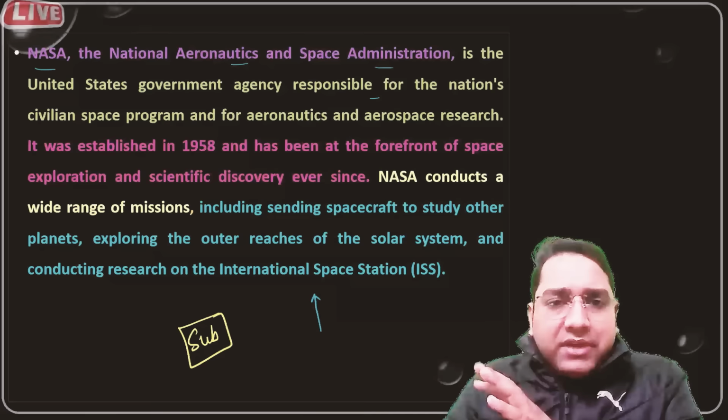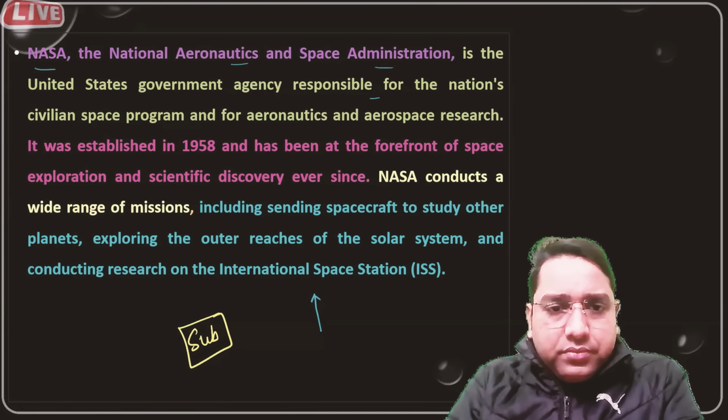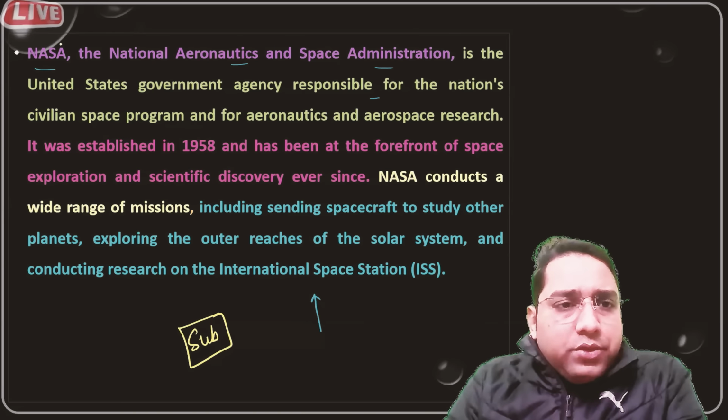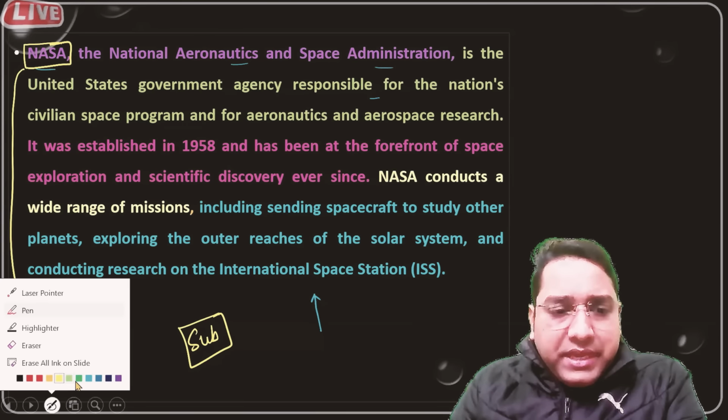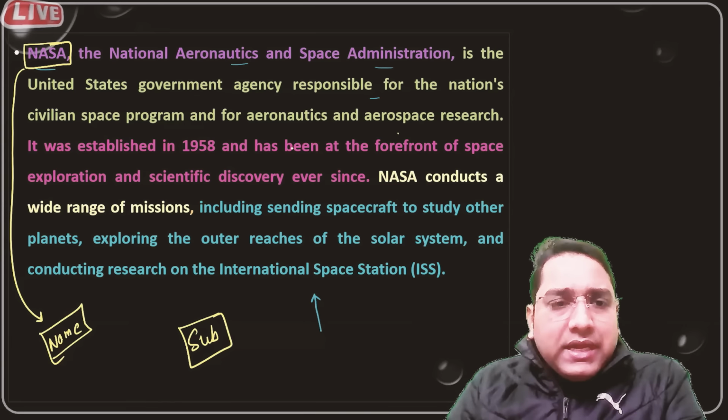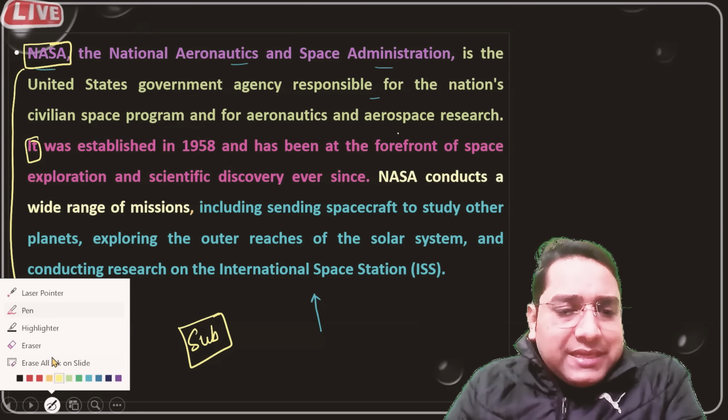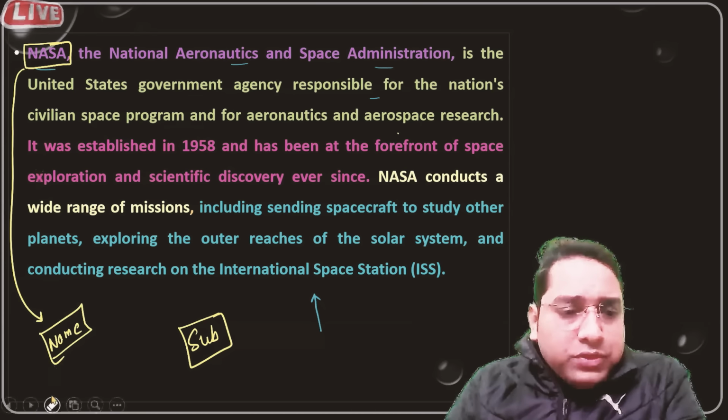So one thing that we have understood. Now, you can see here it is given NASA. This is a noun because this is the name of an agency, correct? But if you see later in one line, it is given, it was established. Can you please tell me what this word it is used for?